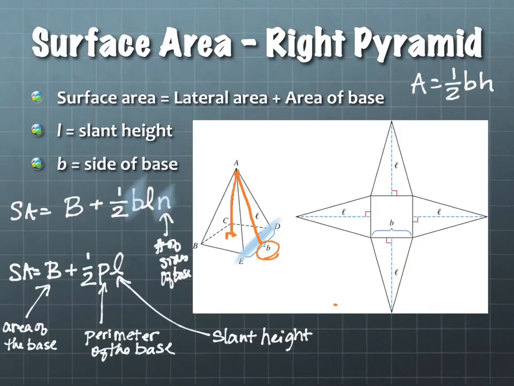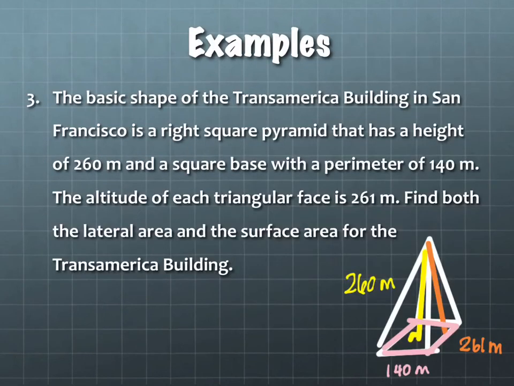There's the base, the area of the base. That's the area of that square at the bottom. And then this 1/2 PL, this is the lateral area, the area of all of the triangles on the sides. So let's actually find the pieces separately, the area of the base, and the lateral area. Then we can add them together to find the total surface area.